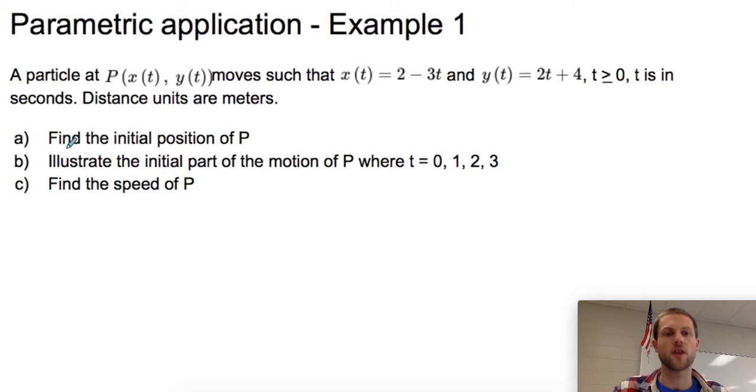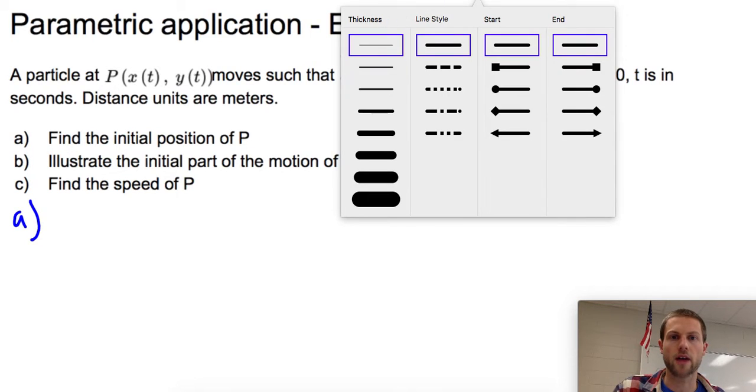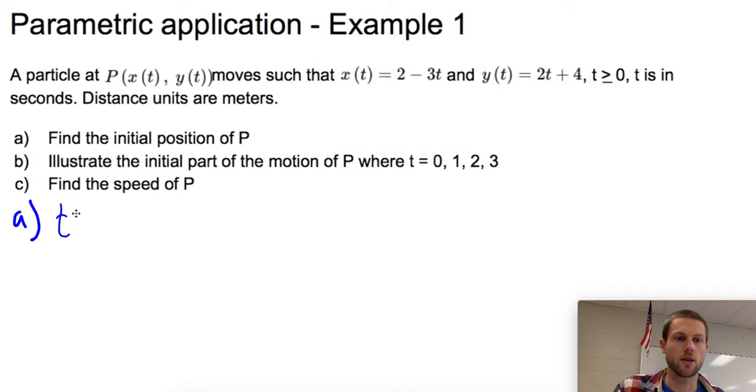For letter A, I want to find the initial position of P. Well, that's kind of like saying, where is the xy coordinate when t equals 0? So in order to do that, I can just think about the point x of 0 comma y of 0.